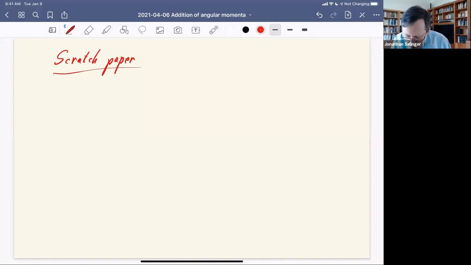If we had only one spin, we could write that as 0, 1.